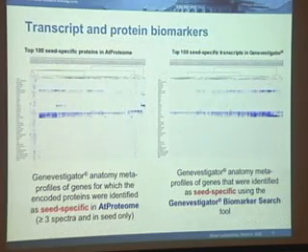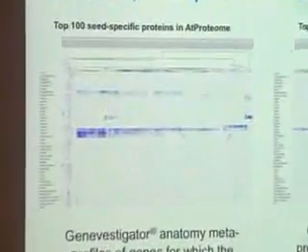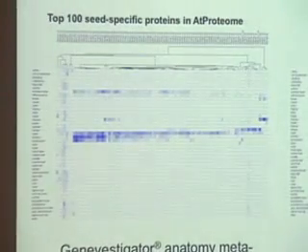So what can you do with this? Just one example. I've played around a little bit. If you go into AT-proteome, you ask it to give you the top 100 seed-specific proteins. And then the AT-proteome database gives you this information.